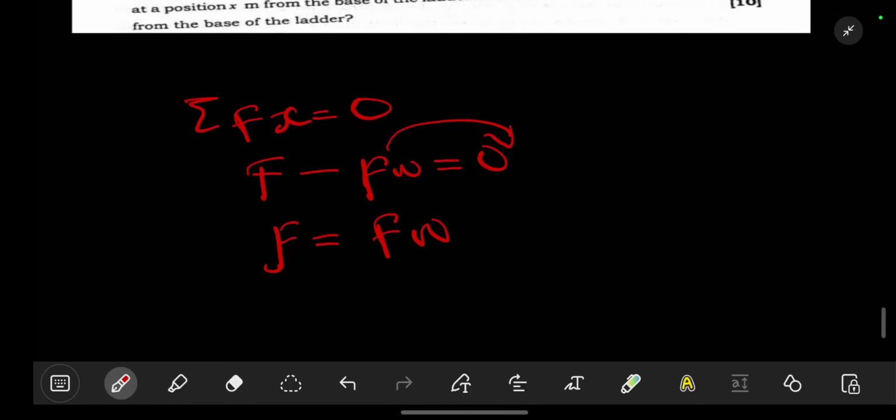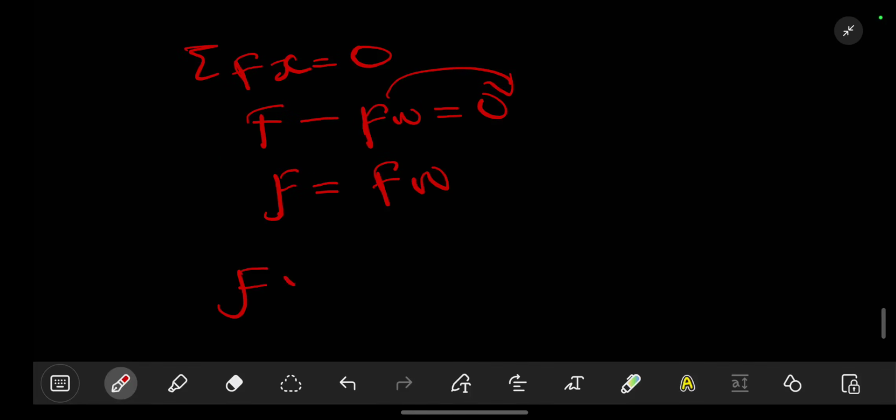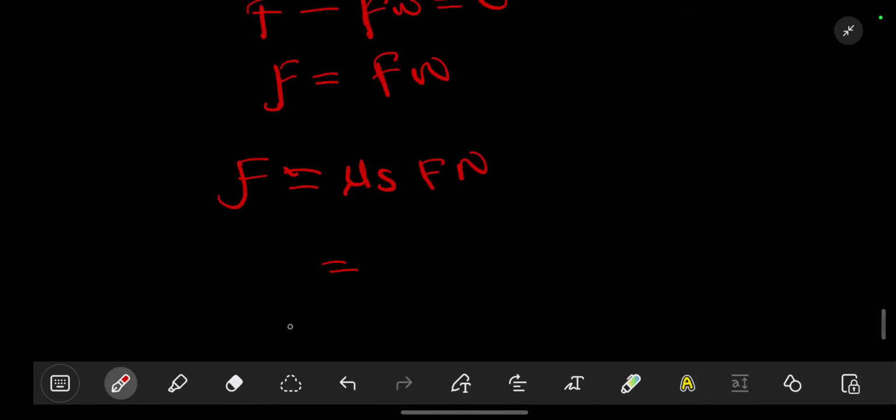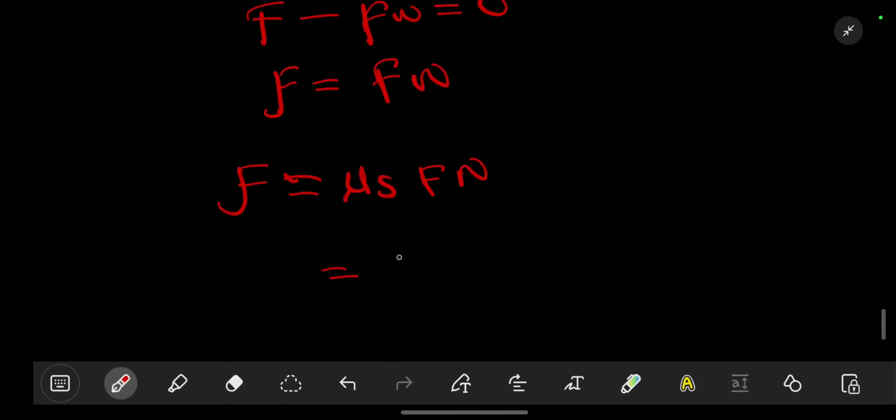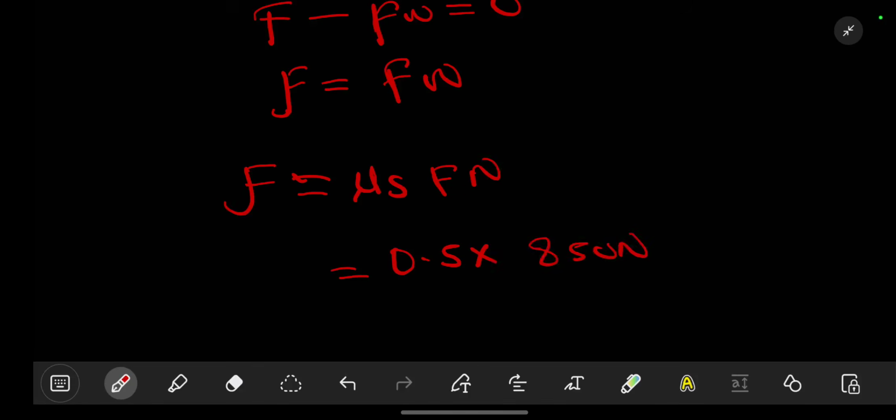So then we know that the frictional force is equal to the coefficient of static friction, if it's not moving, times the normal force. The coefficient of static friction according to this question is 0.5, so we say 0.5 times the normal force, which we found to be 850 newtons.